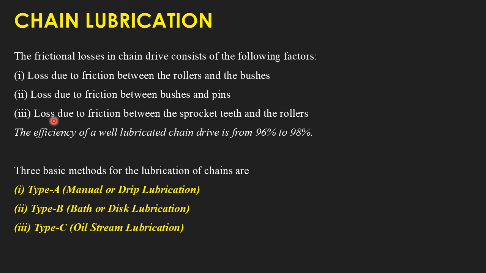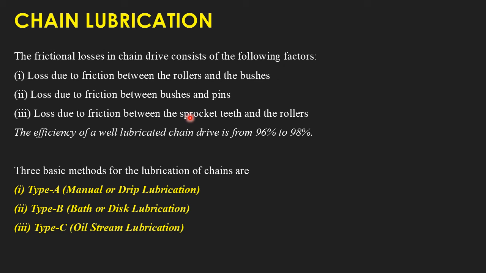And the last one is the loss due to friction between the sprocket teeth and the rollers. When the chain is wrapped around the sprocket, there will be a significant amount of friction between the rollers, which come in contact with the cavities of the sprocket teeth and also with the faces of the sprocket teeth. So there also friction will be generated.